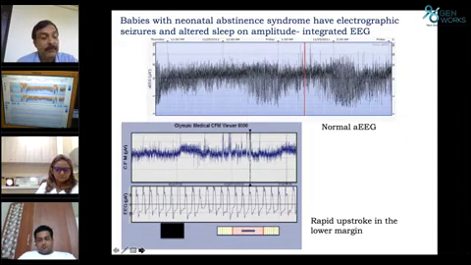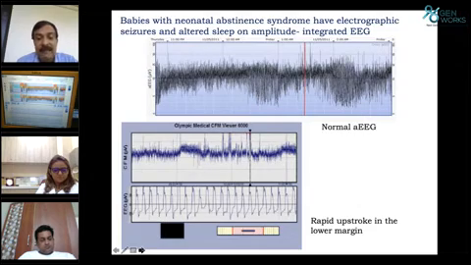It is a discontinuous background activity with low voltage complexes, and there are multiple rapid upstrokes, which you can see in a compressed EEG.